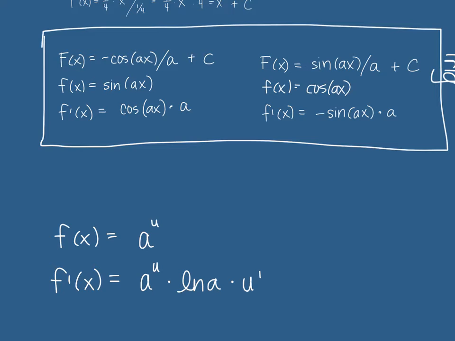Okay, the antiderivative of this, so capital F of x. All right, it will be a to the u. I don't have to change that, but it will be divided by both ln a and u prime plus the constant c.